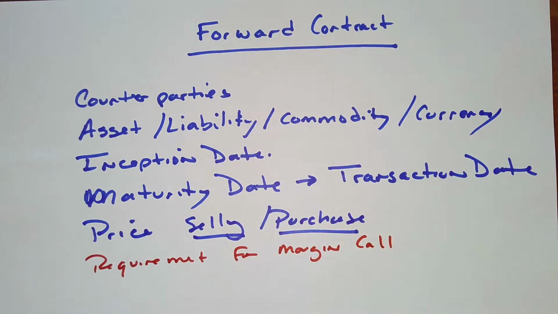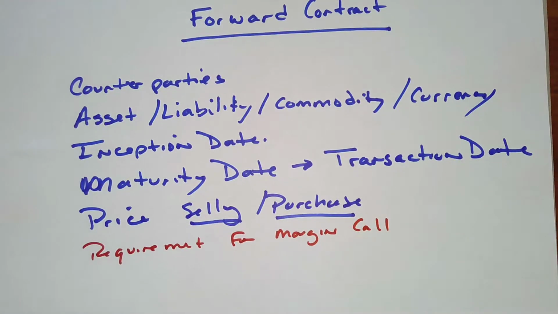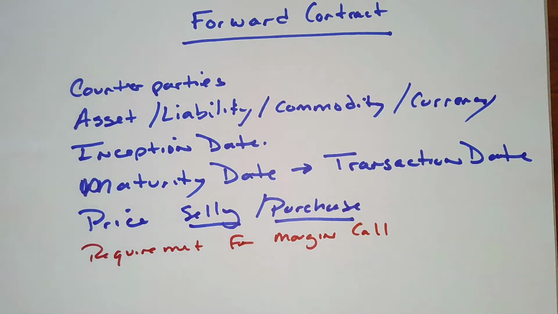Okay. Other things around termination, what you would normally see in a particular contract, right? So these are going to be your basic blocking and tackling items that you'll see in a simple, again, we're trying to keep this simple, a simple forward contract.